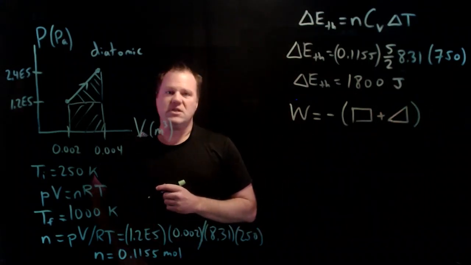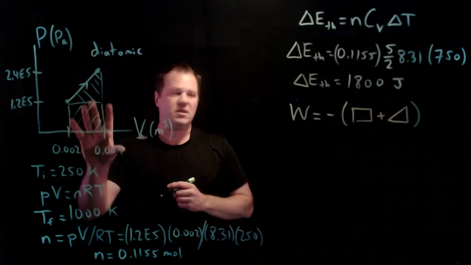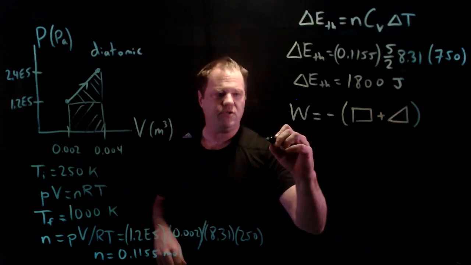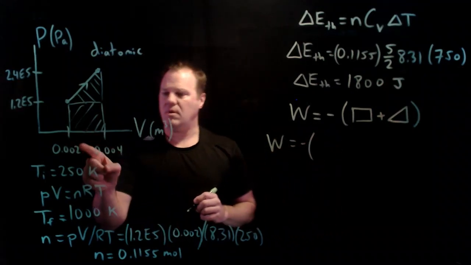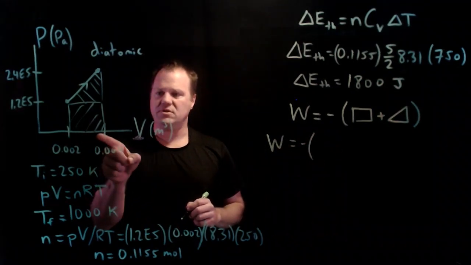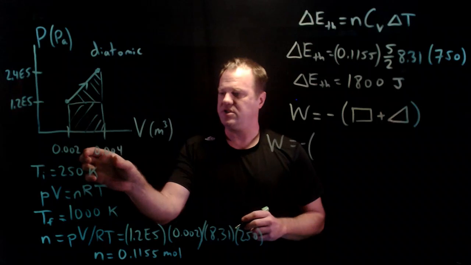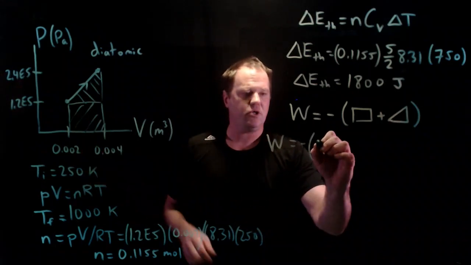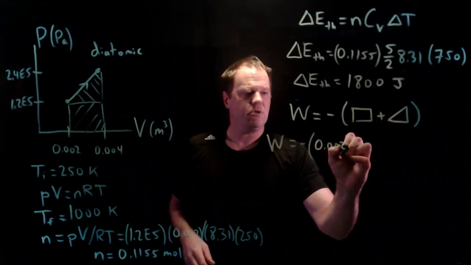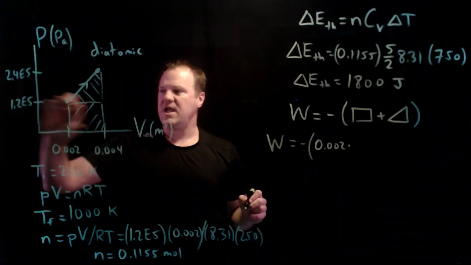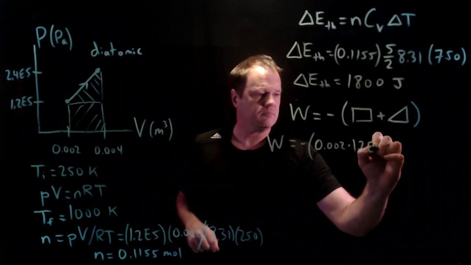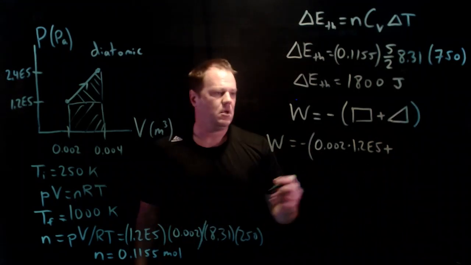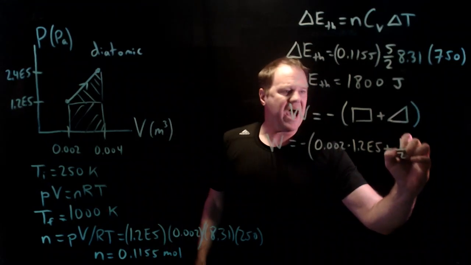And so then we just need to use a little bit of geometry to think about the areas of the rectangle and the triangle. So minus, okay, the base of this rectangle would be 0.004 minus 0.002, so 0.002, times its height, which is 1.2 times 10 to the 5th pascals, plus, okay, well, 1/2 base times height.